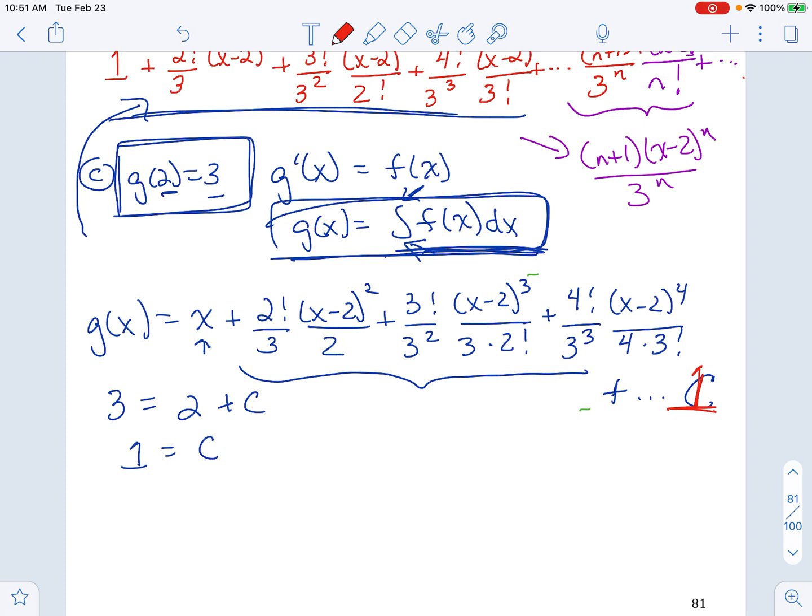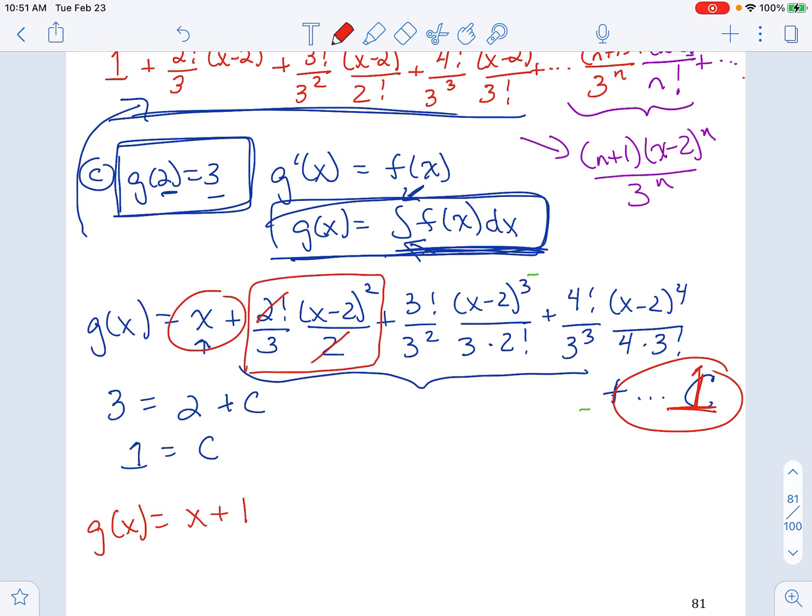Now this is where it also asks for the general term. Okay, this looks a little bit complicated. Let's try to clean things up and we can figure out a general term. First thing I'm going to do is group these together and write that as x plus 1. Let's see what happens on some of the other ones. If I look at this, the 2 factorial and 2 drop out. 2 factorial is the same as 2.